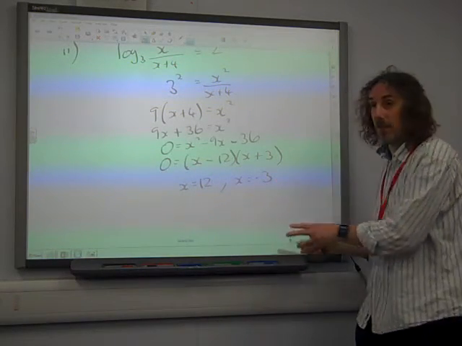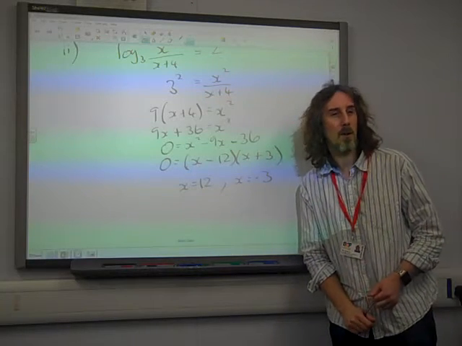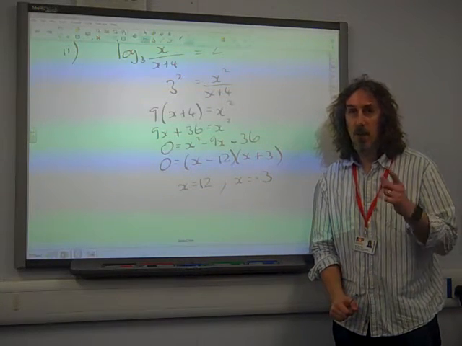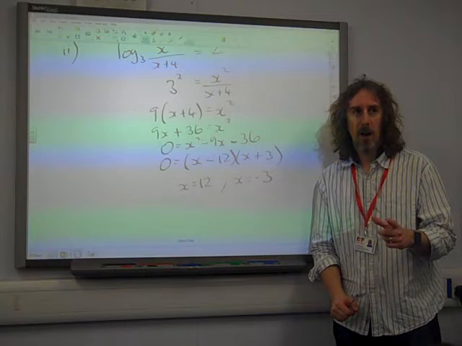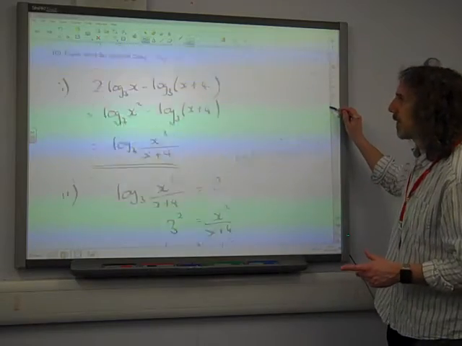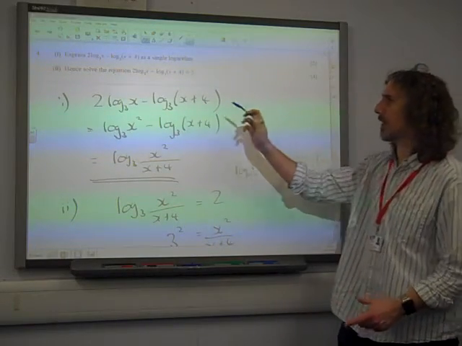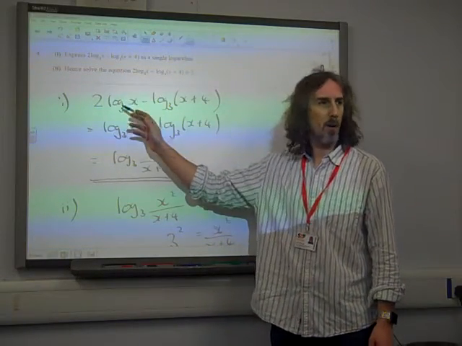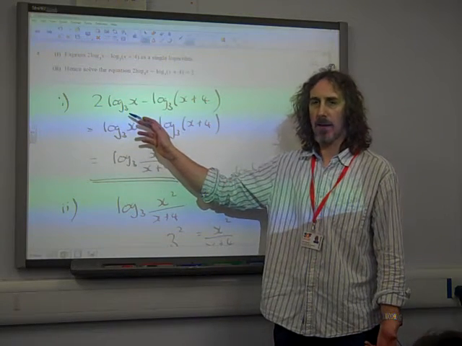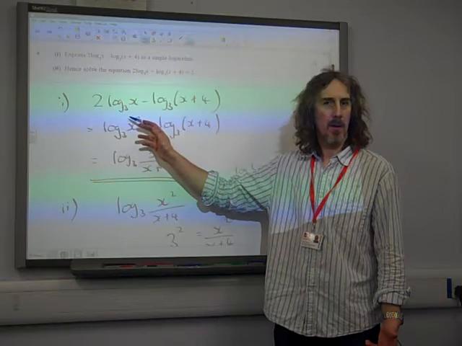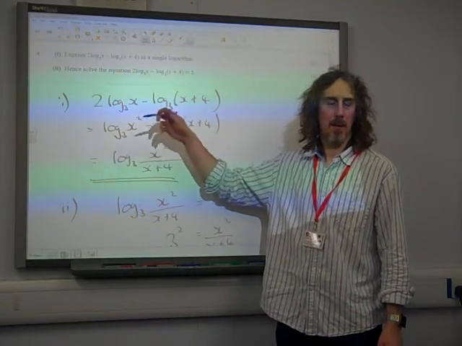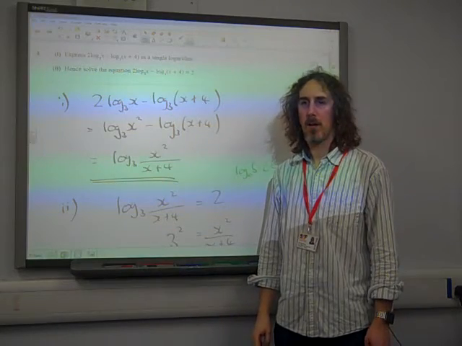And as we write that, we think, oh, that's gone well. And then we think, oh, hang on, this was one of these logs questions. I remember something about logs. In logs, the number that you put into the log has to be greater than 0, doesn't it? It's not valid for a negative number, because if you try that on your calculator, log of a minus number, it says math error.